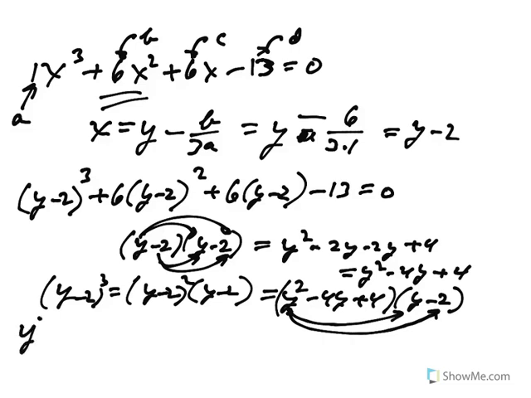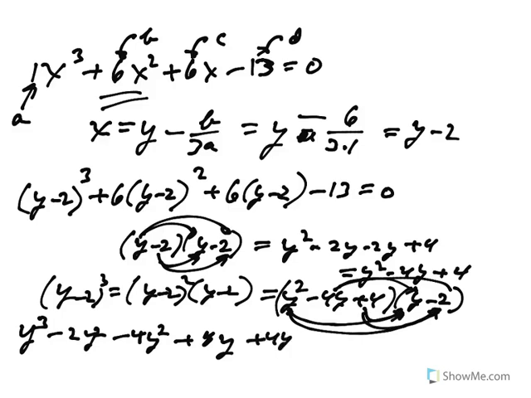So you get y cubed minus 2y squared. That was that one. Then you do these two: minus 4y squared plus 8y. And then finally these two: plus 4y minus 8.